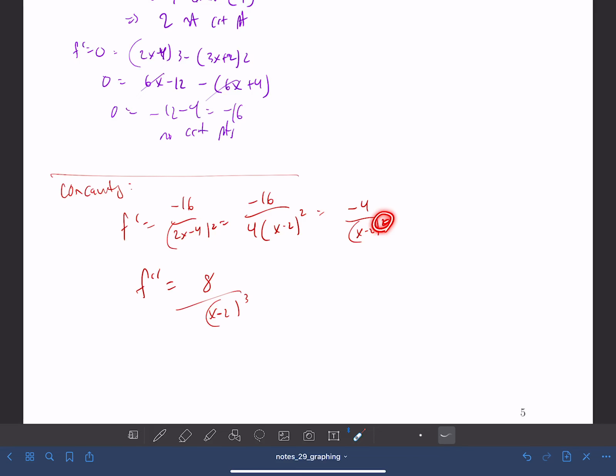There's a minus 2 right here, and the power rule changes those signs. This is the same thing that f prime did in terms of its possible inflection points. Only possible one at x equals 2, but it's not in the domain.